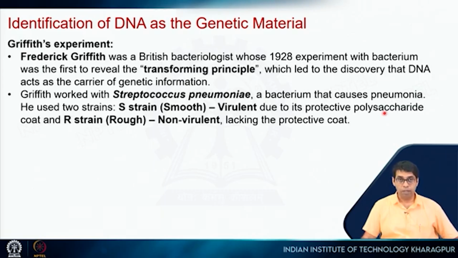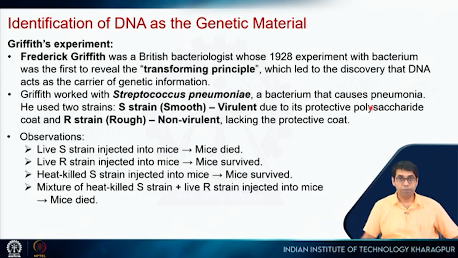That is why under the microscope it looks shiny, it looks smooth, but the rough strain, since it does not have this polysaccharide layer, will not reflect light, it is not shiny, so it is rough, right? And because of this polysaccharide, the S strain can escape our immune system and actually can cause virulence.